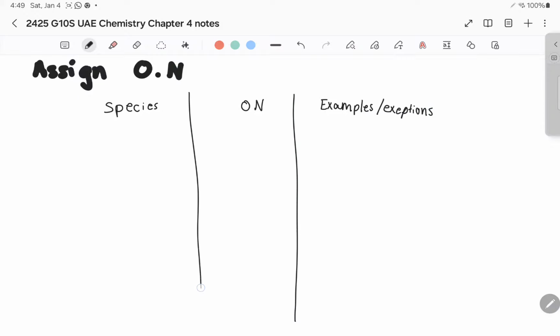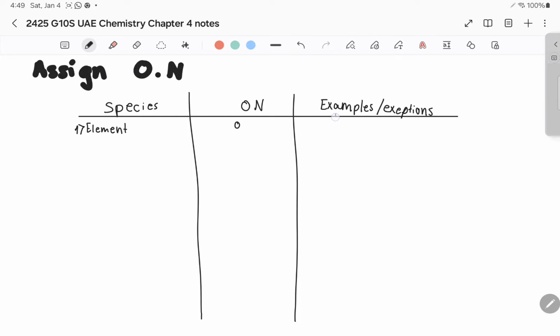So our first thing is if you have an element. Whenever you see an element by itself, its oxidation number is always, without exceptions, 0.